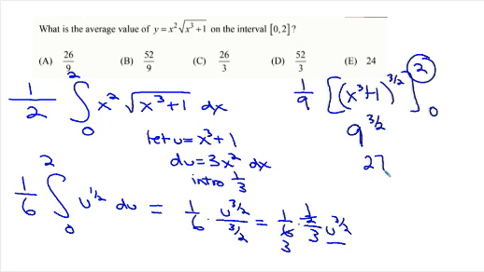I need to subtract what I get when I plug in 0. So that's just going to be 0 cubed plus 1, which is 1. So this is going to be 27 minus 1. Don't forget, we're multiplying it by 1/9. So we're going to have 26/9.